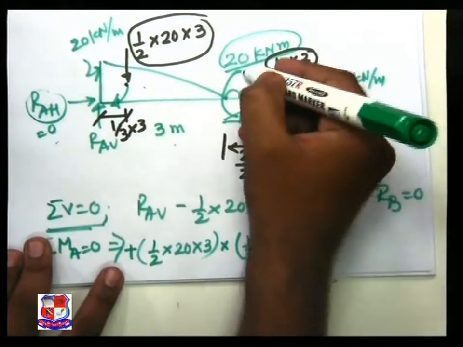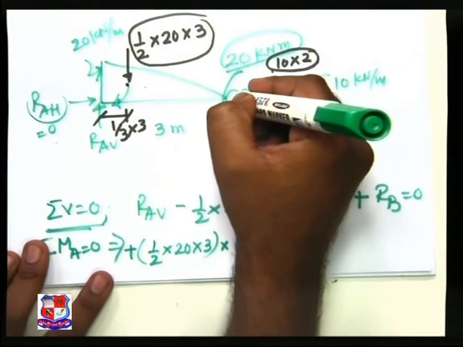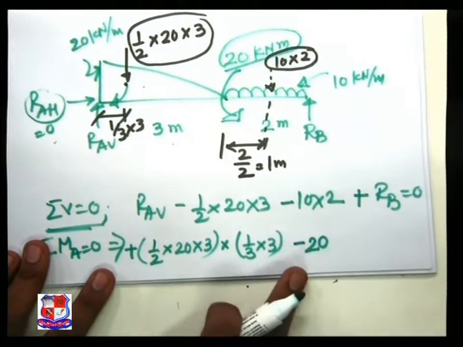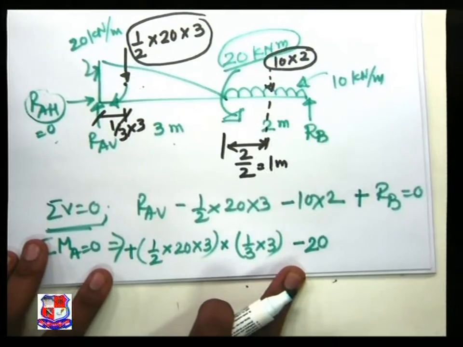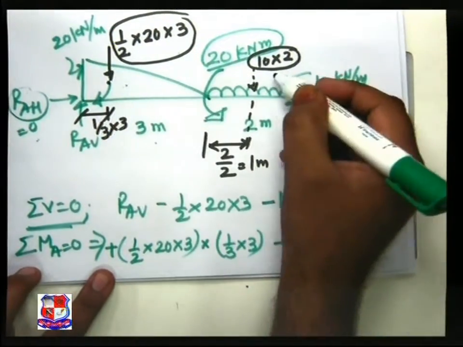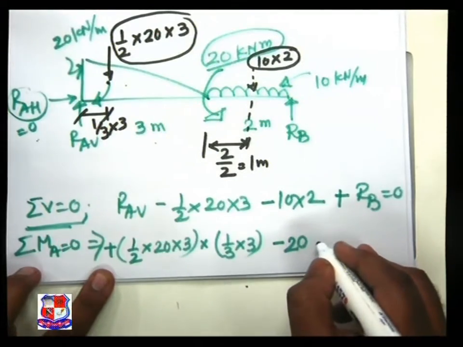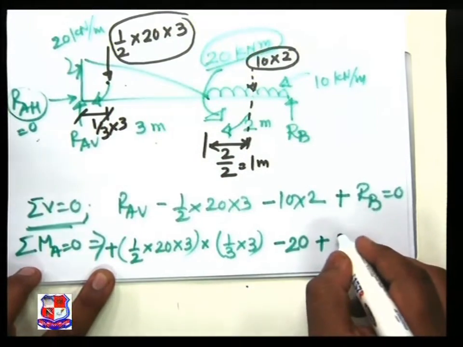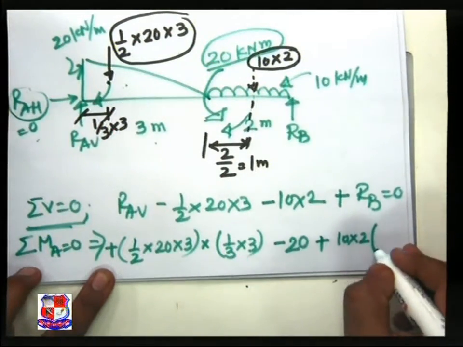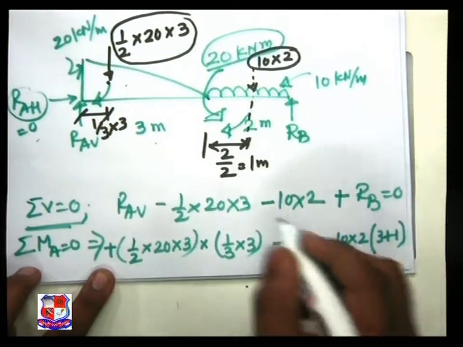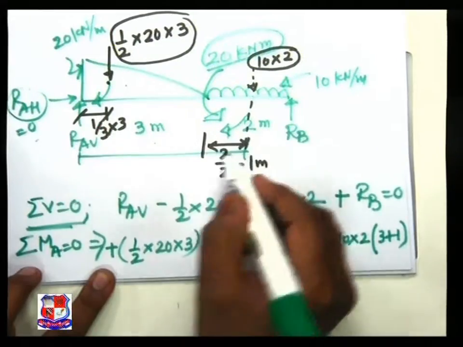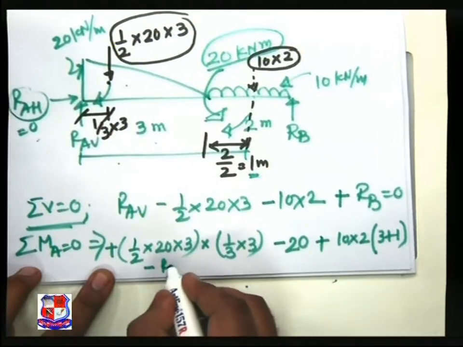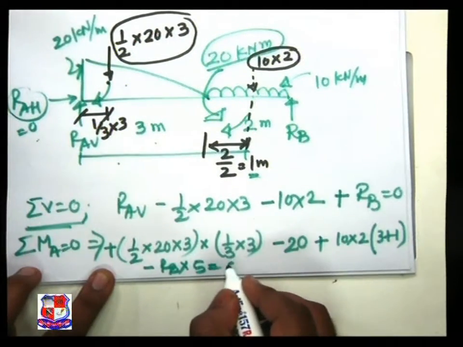Now this is the concentrated moment acting here, which is anti-clockwise, minus 20. No distance here because the moment has been directly given to us. Next, this one UDL creating clockwise moment, plus 10 into 2 bracket 3 plus 1, this total distance 3 plus 1. Next force RB, minus RB into 5 distance is equal to 0.